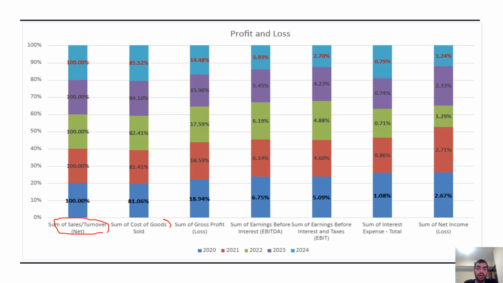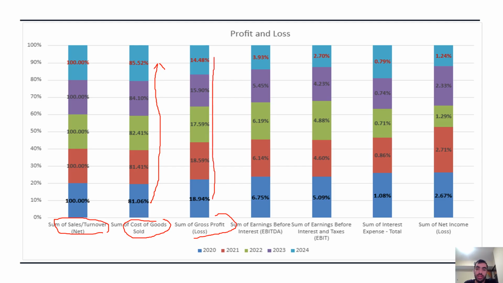Regarding the cost of goods sold, it is a consistently large portion, reflecting significant production and operation costs. As we see, it gradually increases over the periods of time. On the other hand, we see the gross profit, the remaining revenue after deducting the cost of goods sold, changing yearly based on cost fluctuations.